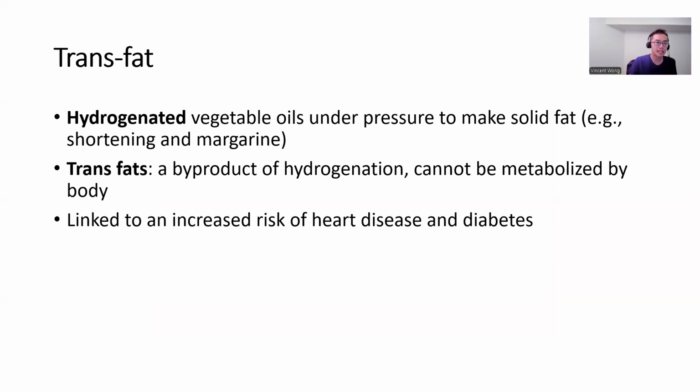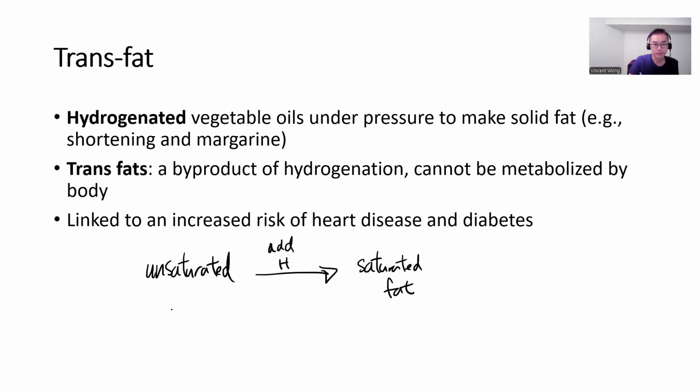Now, trans fat is the worst kind of fat, okay? And how you get trans fat is if you take unsaturated fat and you add hydrogen to it, then you get saturated fat. And that's how you make margarine and shortening.